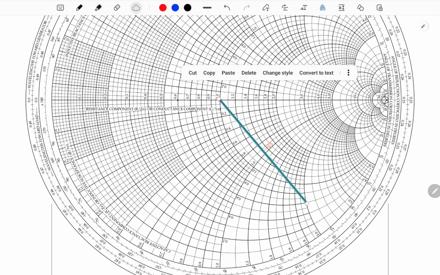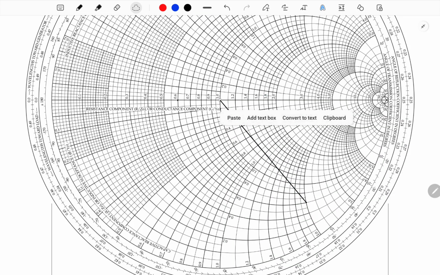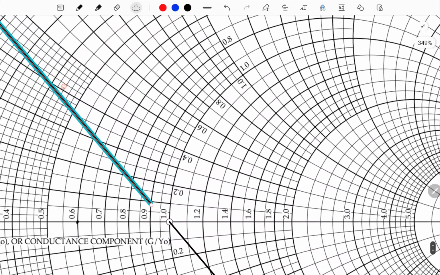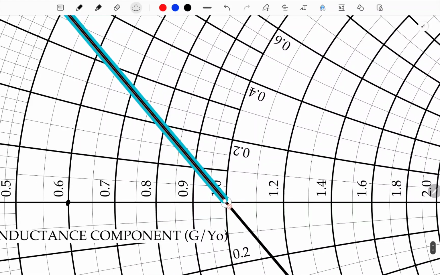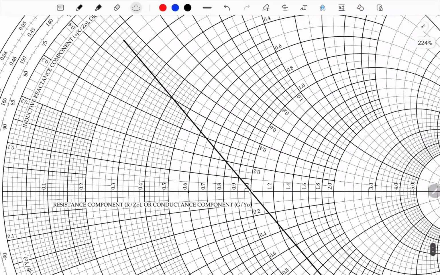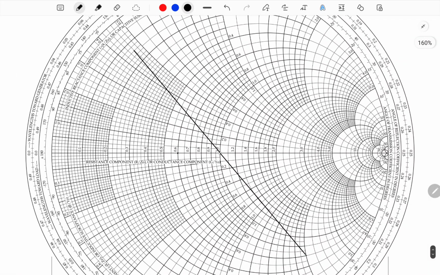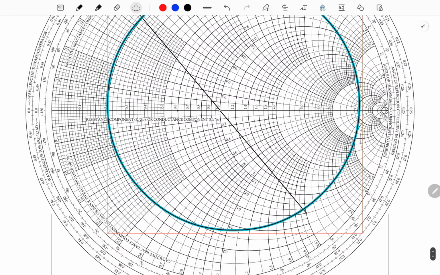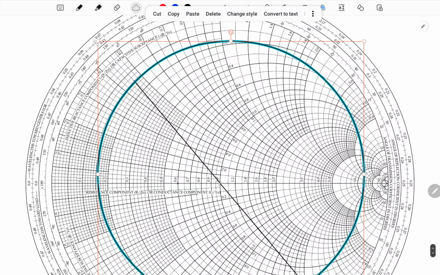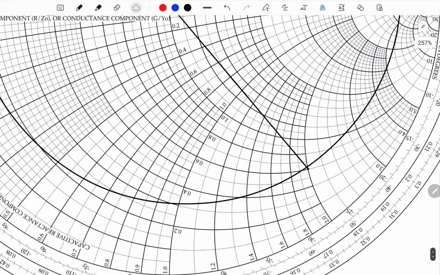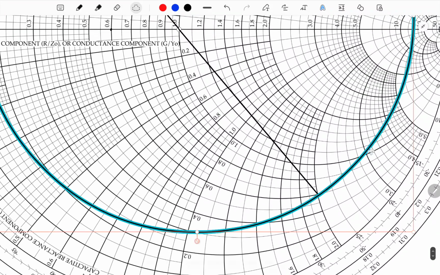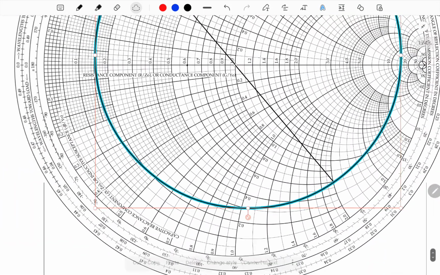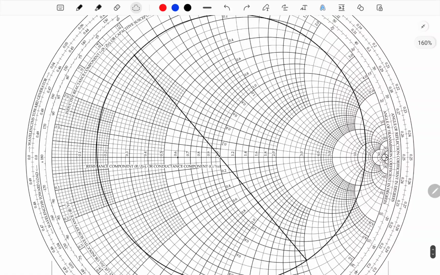And now we draw the circle. Close enough. That looks good enough.